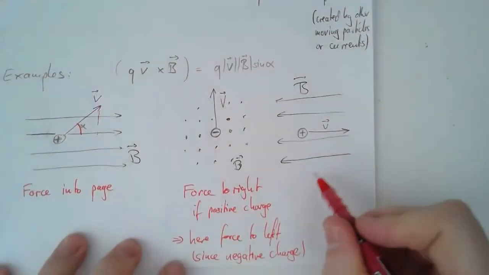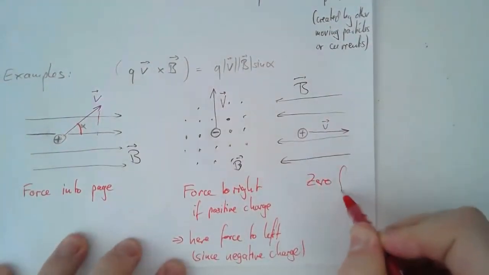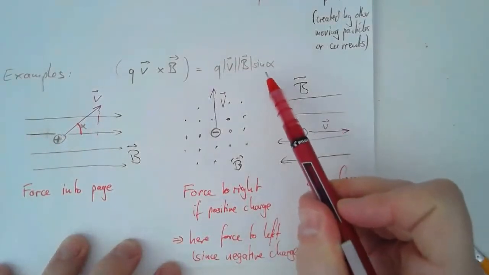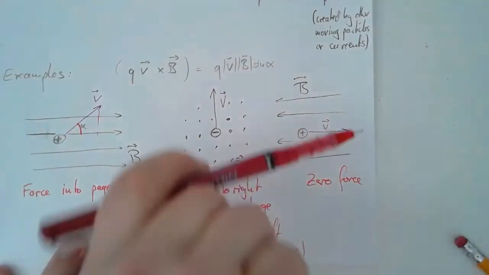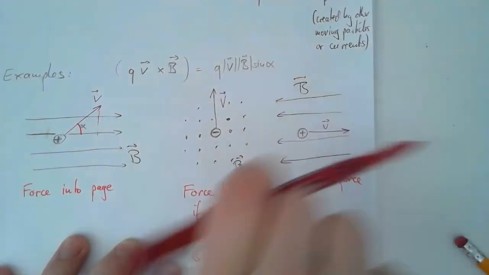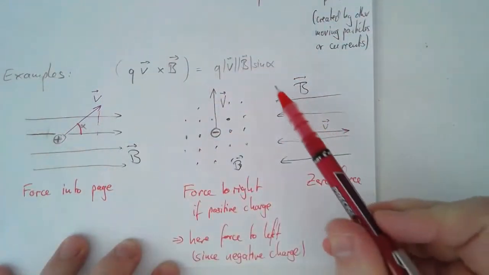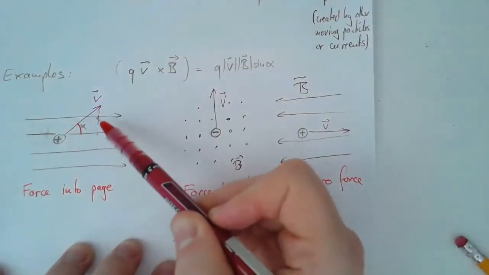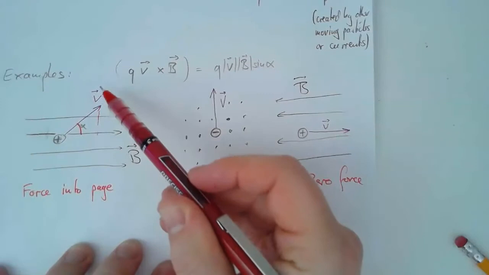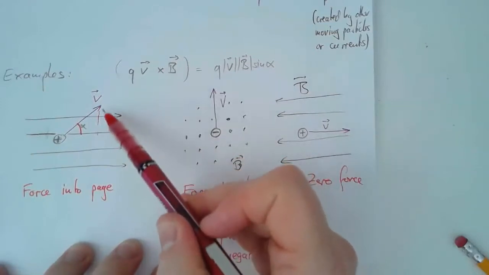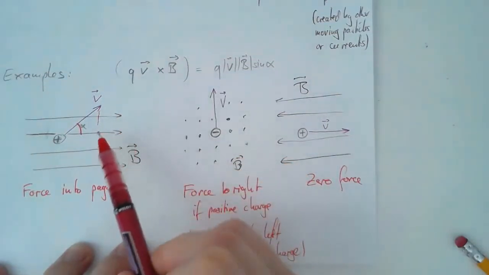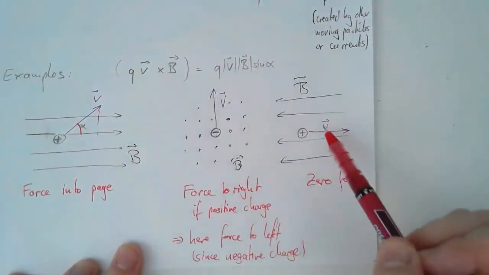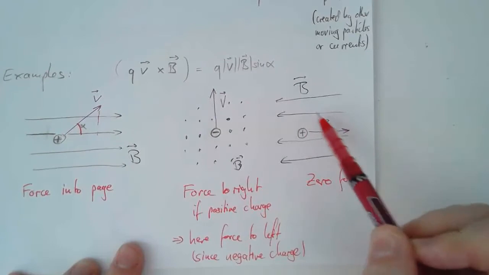So there is 0 force. The two ways to see this: the sine of the angle is 0 here, and if they were in the same direction, with the B field to the right as well as the velocity, it would also be 0. Or you can think of it this way: I really only care about the component of the velocity that's perpendicular to the magnetic field, and in this case that is 0, so that makes the force 0.